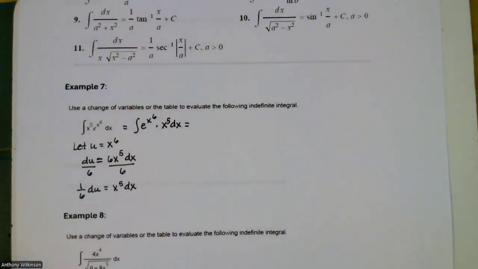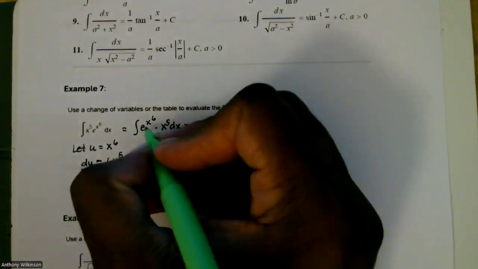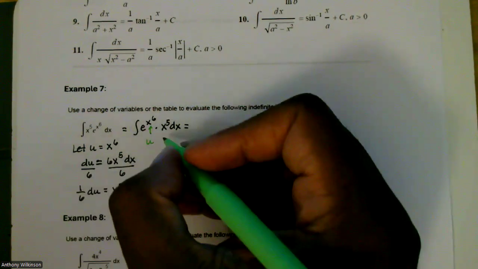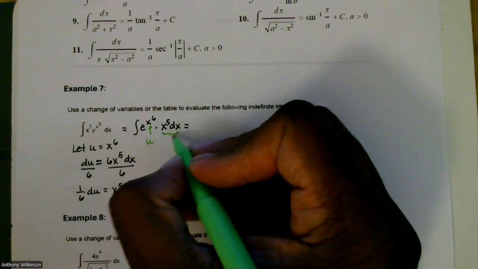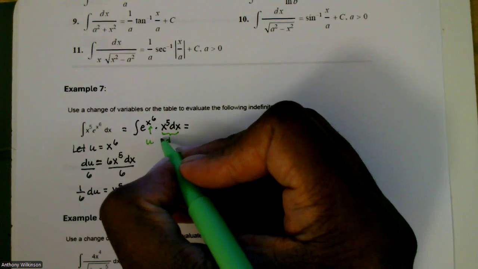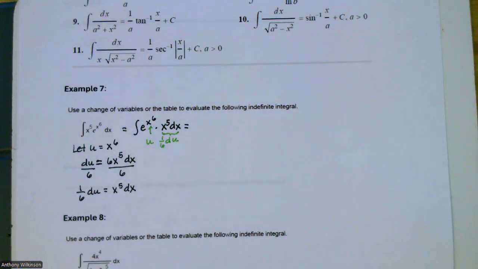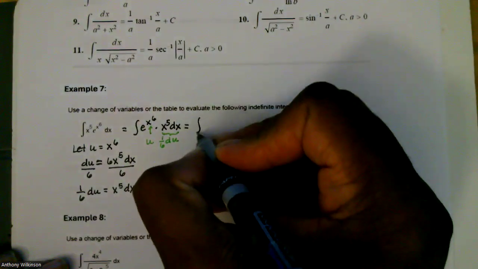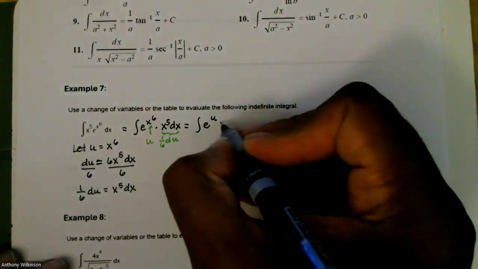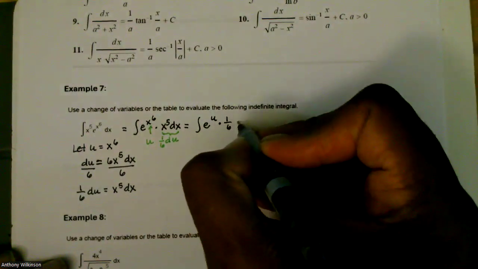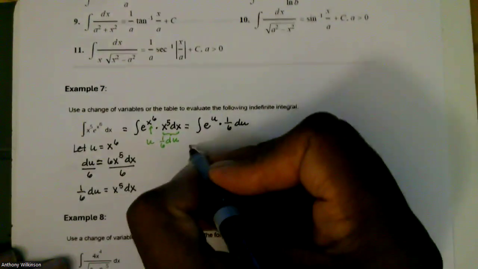So now let's do our substitution here. This x to the 6 right here, that's going to be what u is. The x to the fifth dx, that's going to be 1/6 du. So here's what I'm going to have: the integral of e to the u times x to the fifth dx, that's 1/6 du.